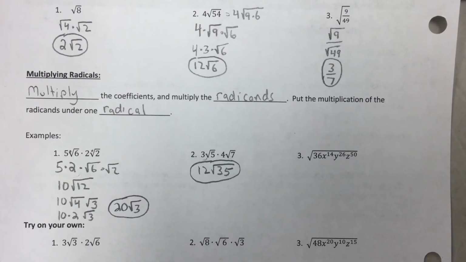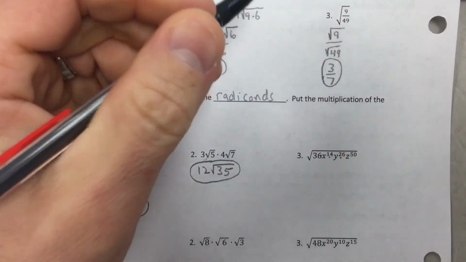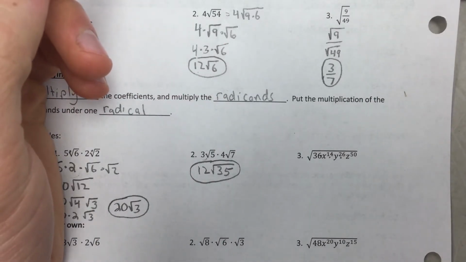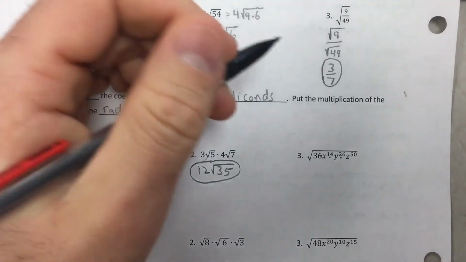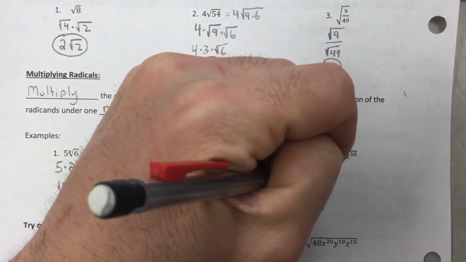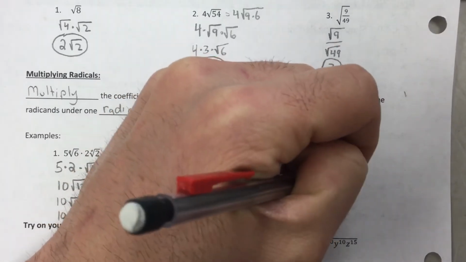When you have a problem like number 3, remember these are all separated by multiplication. So I can think of this as rewriting it as separate radicals.